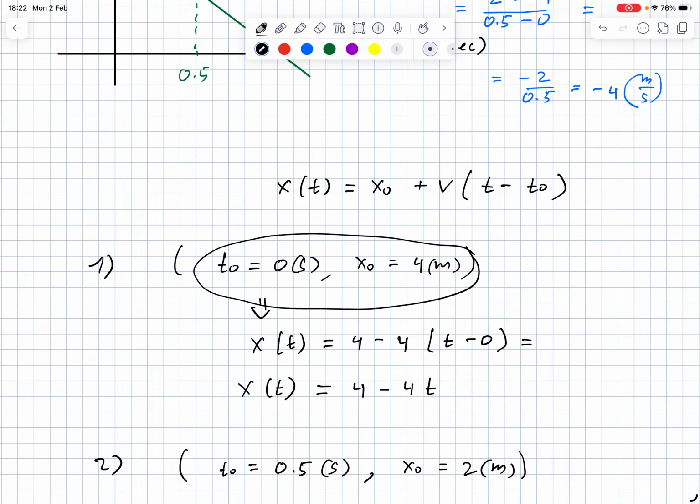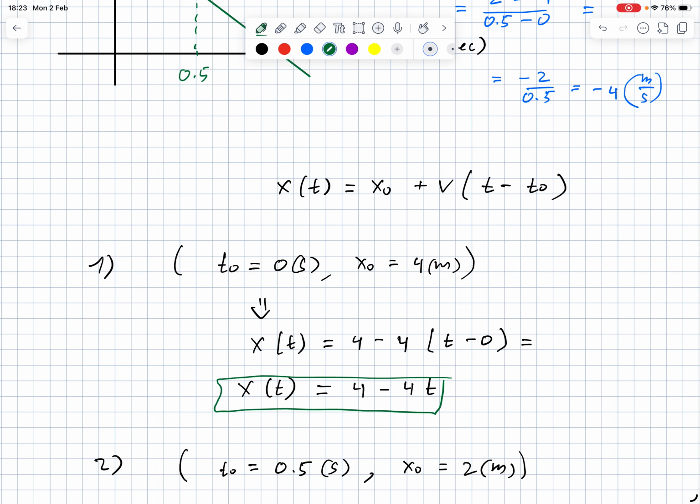Now t0 is 0, as you can see here, and the position at this point of time is 4 meters. And the velocity, as I told before, we calculated, and the result was minus 4 meters per second. And the final expression for this linear function that represents the position of this object at any given time is given by this formula.